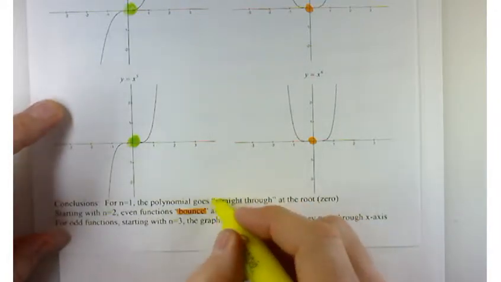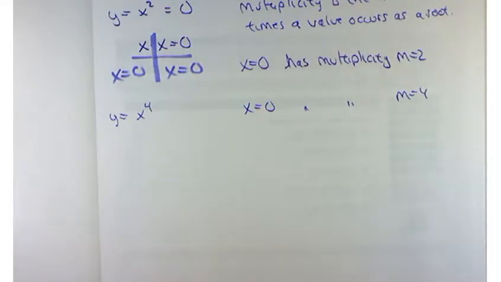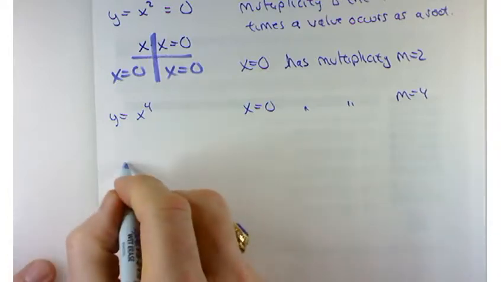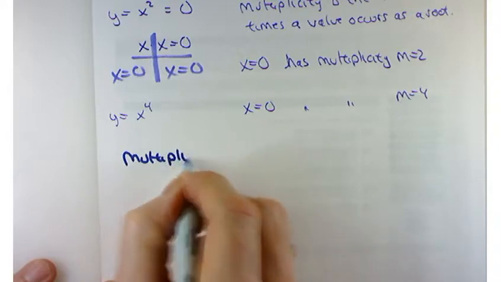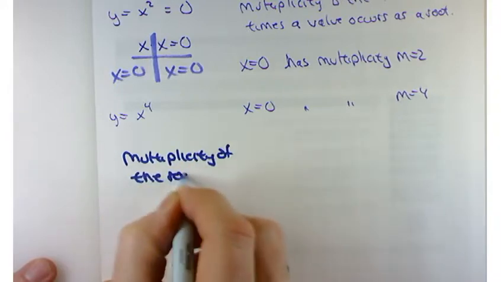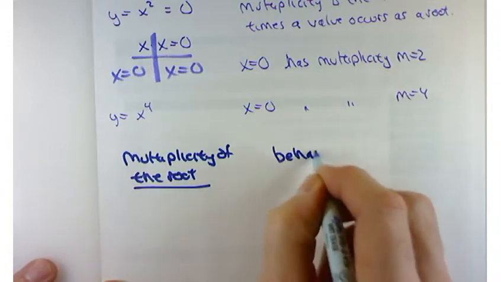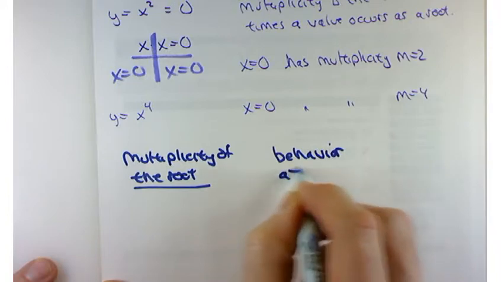And let me summarize those on a different sheet here for you. Like this. Multiplicity of the root and behavior at the x-axis.